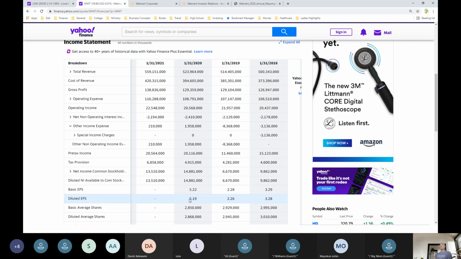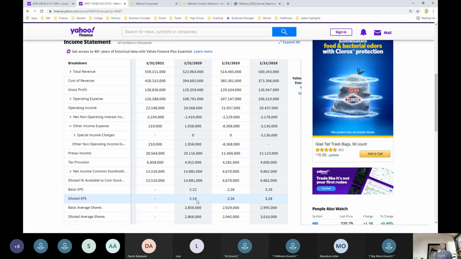So the earnings or the net income associated with every share the company owns is the earnings per share. Okay. That's also important when we're looking at what is called the price to earnings ratio.